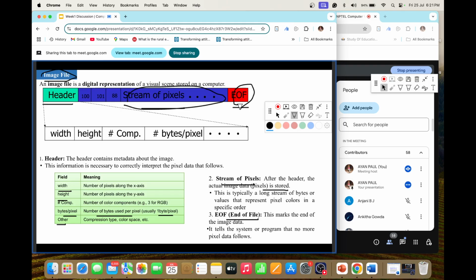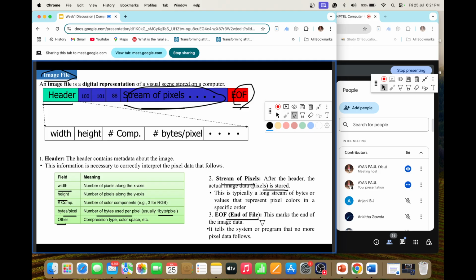It contains the metadata of the image like width, height, number of channels, etc. Then we have the middle part or the body, the stream of pixels, which after the header collects the actual image data, that means the pixel values, which are important for building the image. And at last we have the end of file, which marks the end of the image data. So we have these three sections to cover the image file.